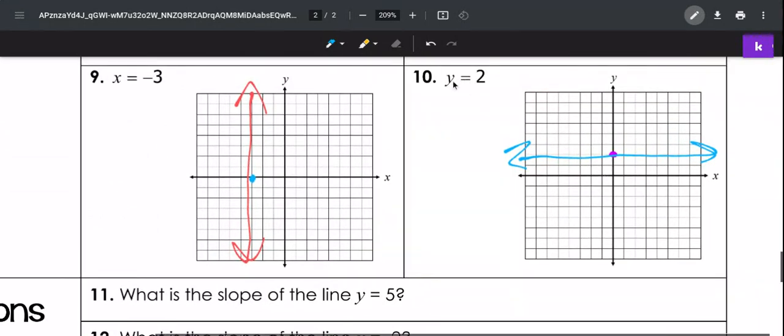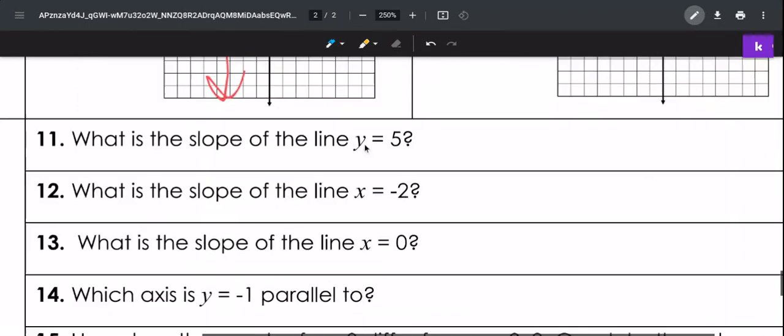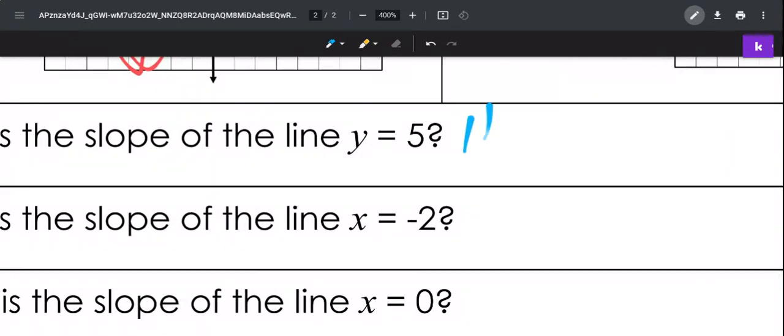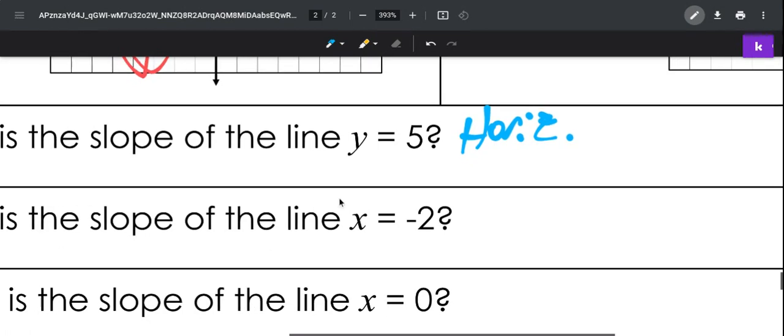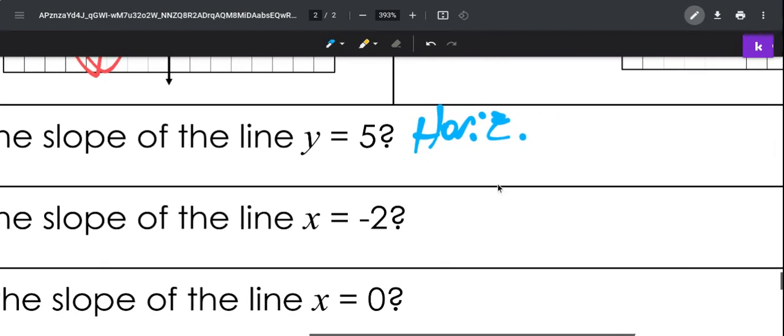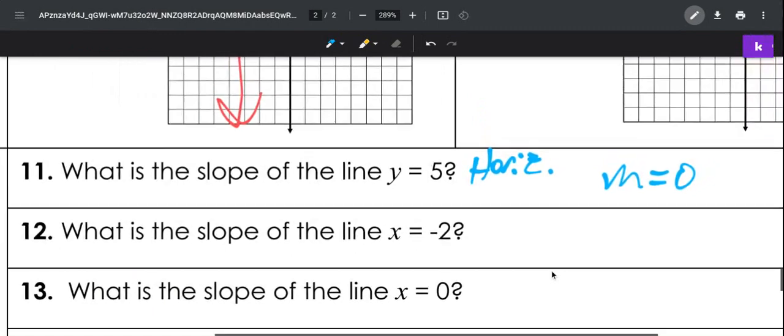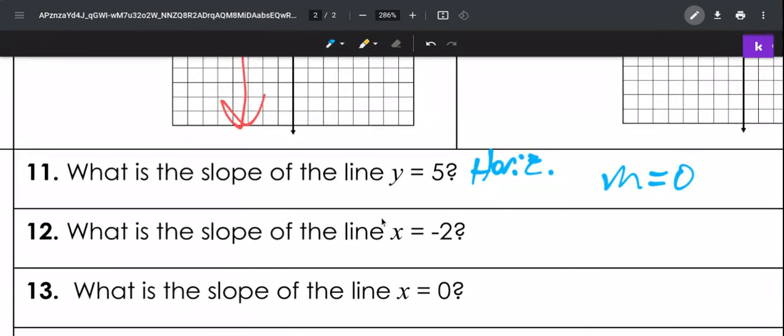When we had y equals 5 or y equals 2 here, we had to intersect the y-axis and make a cross. So we did that with a horizontal line. So this is horizontal. Now, do we remember what's the slope of a horizontal line? The slope is 0.